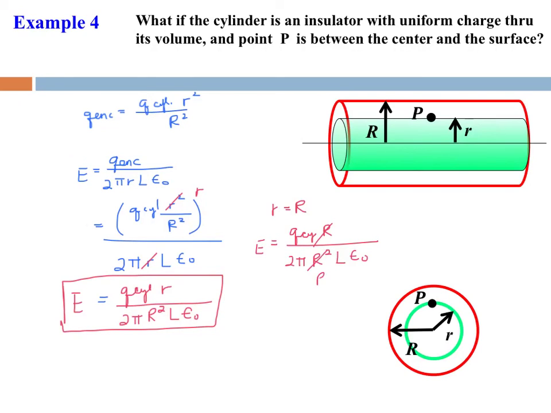One of the r's will cancel out, so that means that our electric field is going to start decreasing as r increases, by this relationship rather than 1 over r squared. And we'll see that in the graph.